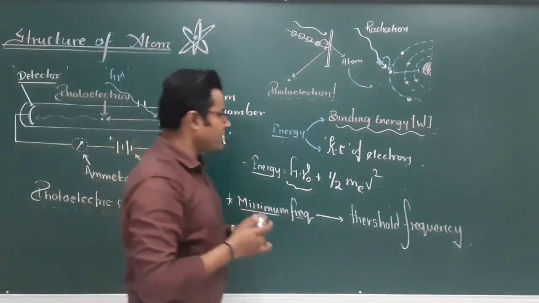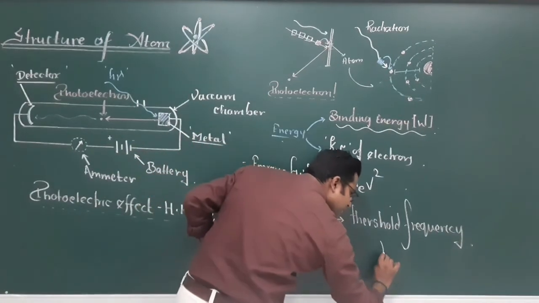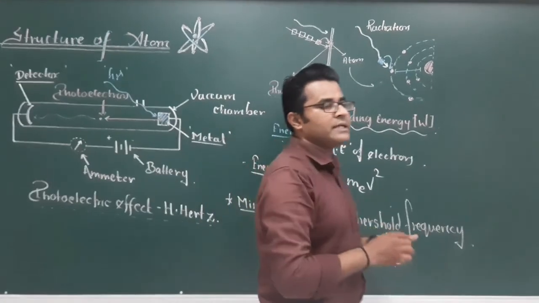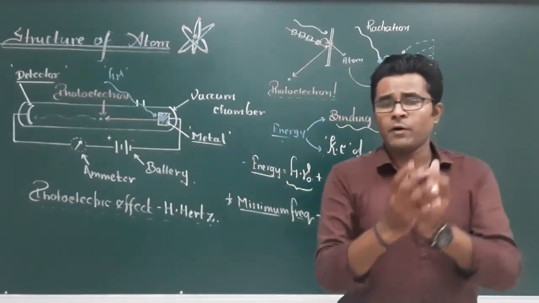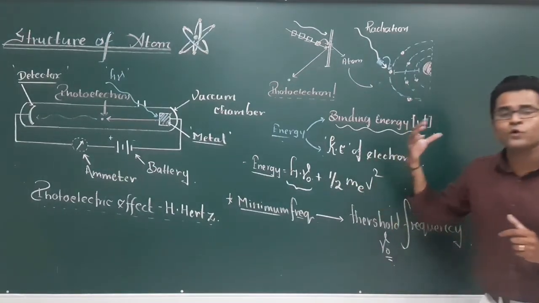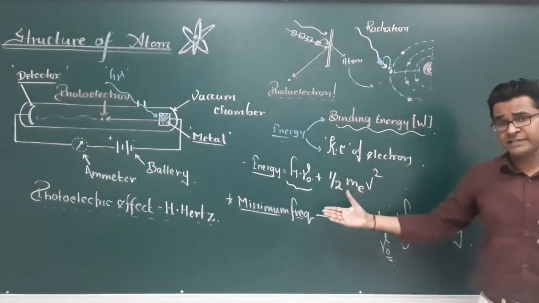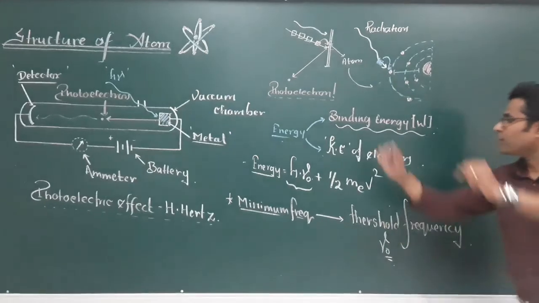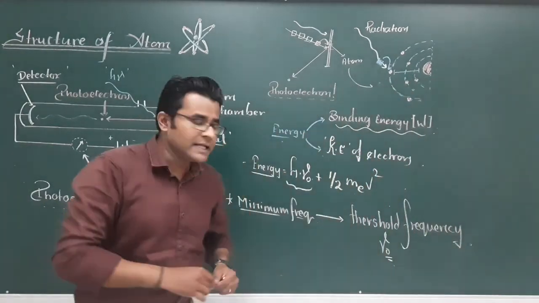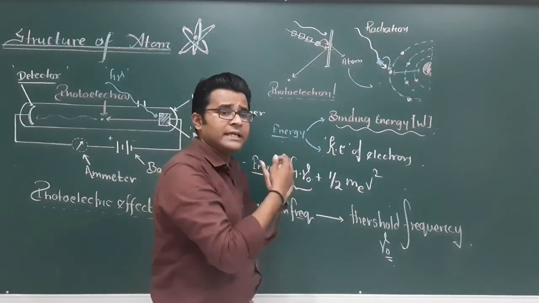So, the threshold frequency, given by nu naught, is nothing more than the minimum frequency required in order to exhibit the photoelectric effect. Correct? So, therefore, for us, the energy of the photon, this particular expression is very, very important.